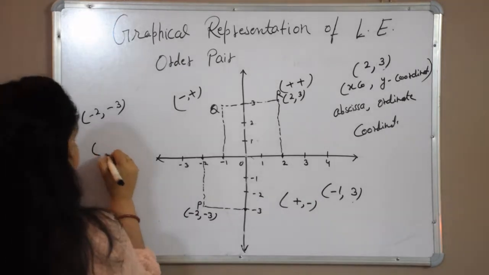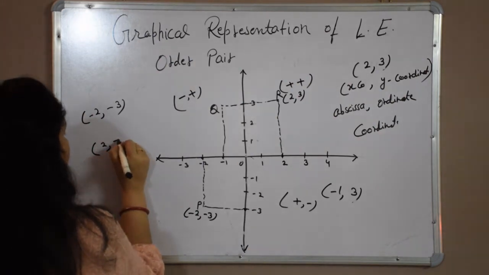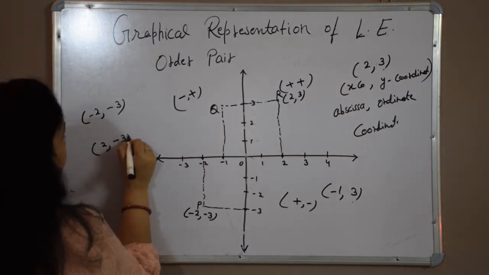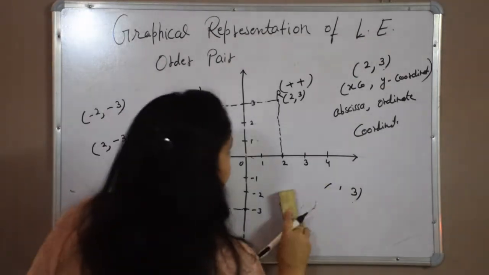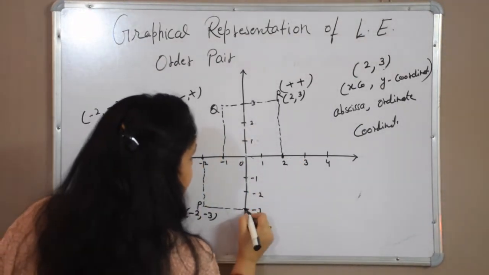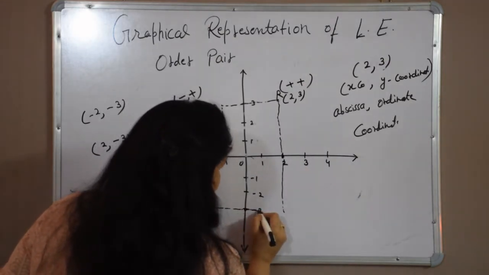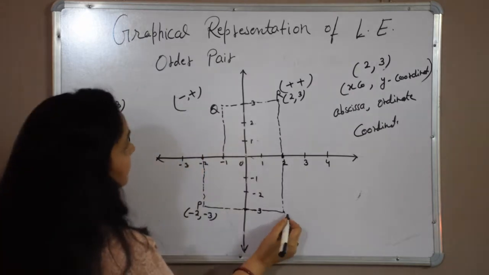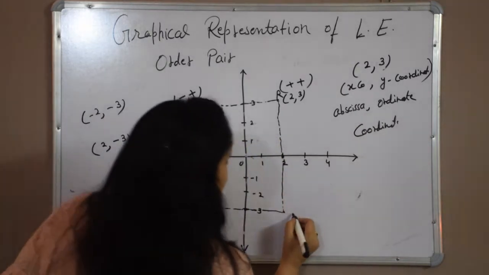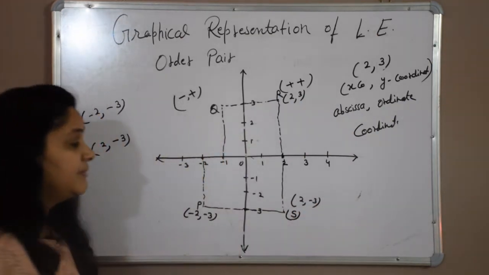Because it is showing plus minus, I will take (2, minus 3). First of all we will see 2 on the x-axis and minus 3 on the y-axis, and we will start from 2 and here they are meeting, and its coordinates are (2, minus 3).